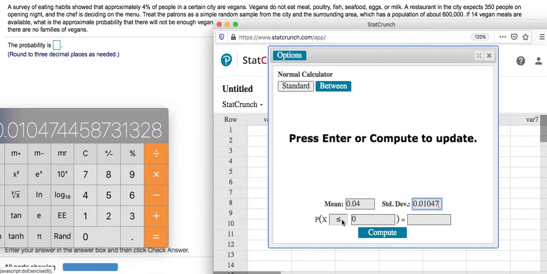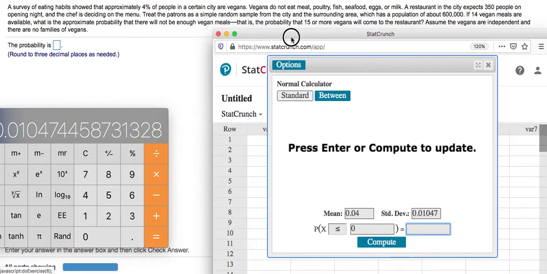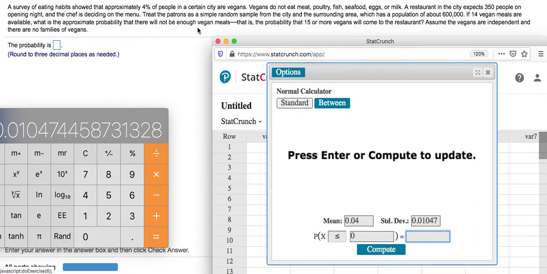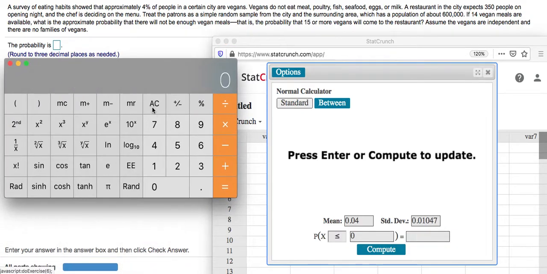And finally, what information are we entering in here to get our corresponding probability? Well, the problem says that we want to find the approximate probability that there will not be enough vegan meals. That is, 15 or more of these 350 people that show up are going to be vegan. To get the actual proportion, that would be 15 divided by 350. So I'll do that in the calculator too. So that's 15 divided by 350.